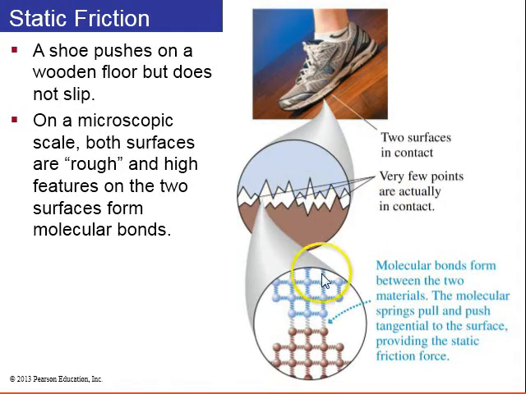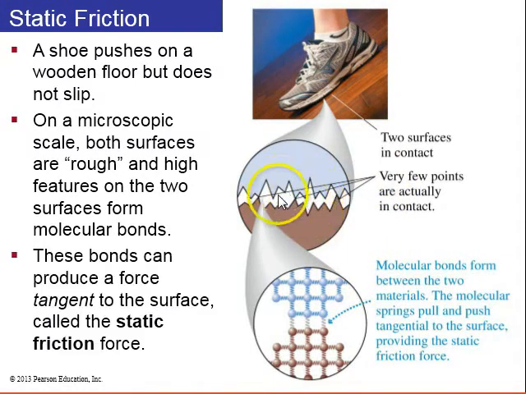So all the little points from the top and points from the bottom will touch one another, lock together, kind of like gears on a bike or something, and you'll have a pressing force, actually a normal force, which is due to the molecular bonds between the molecules pushing along one another. So this force is tangent to the surface, meaning parallel to the surface, as opposed to the normal force, which is perpendicular.